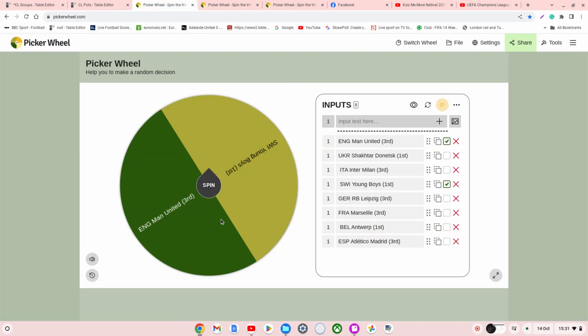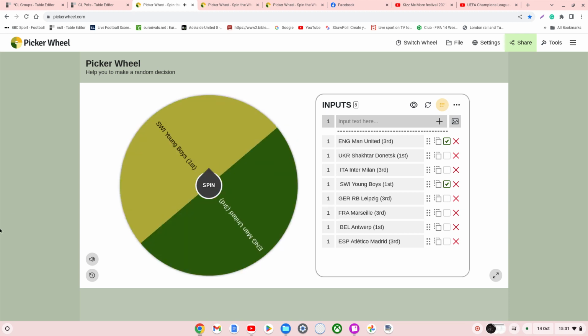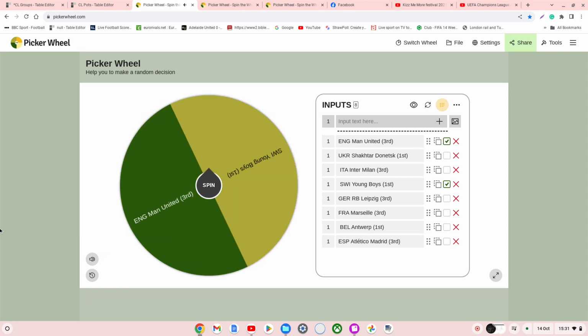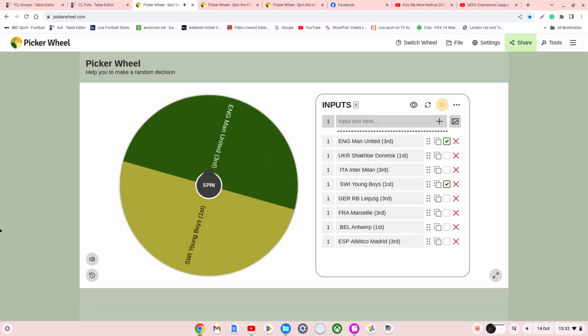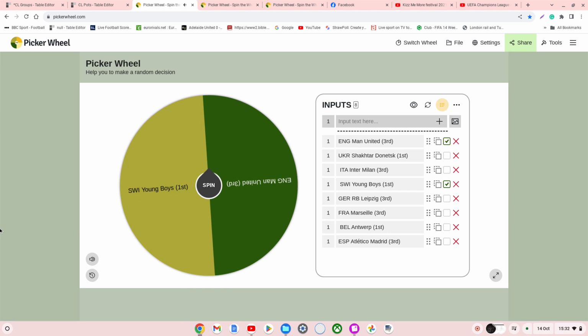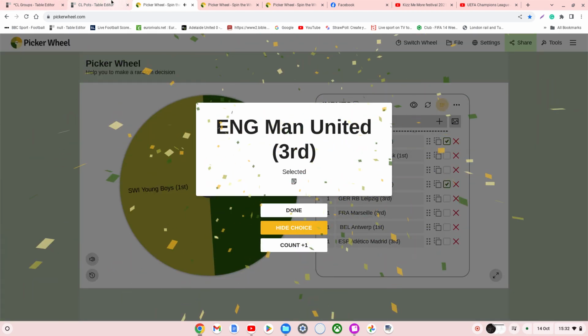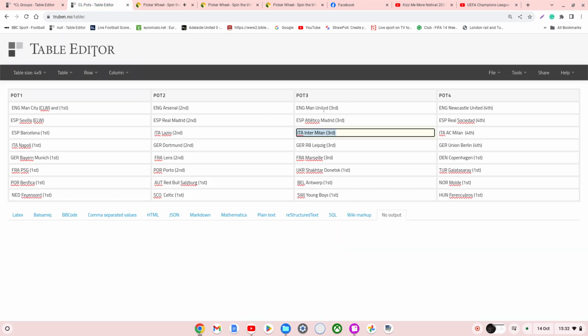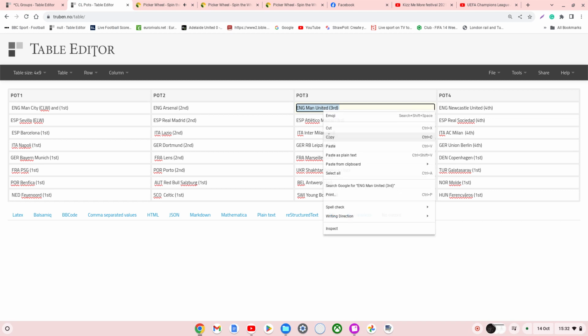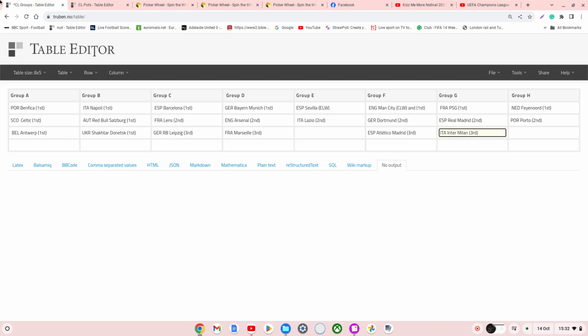Right. And the last 2 teams in pot 3, Young Boys or Manchester United. Who's it going to be? And it's going to be Manchester United. Manchester United from England. Let's see what options they can have. So Manchester City and Arsenal. So yes, they only have 2 available options.